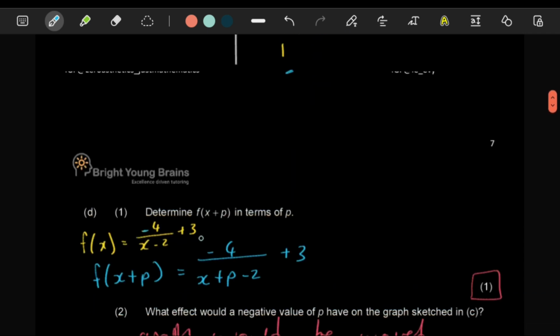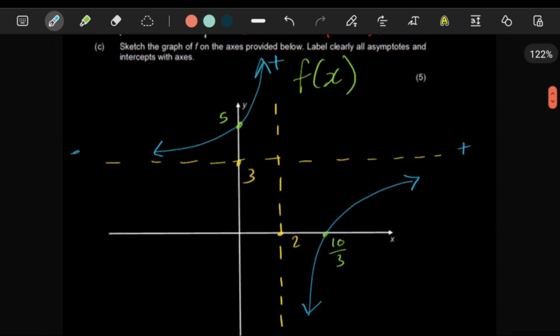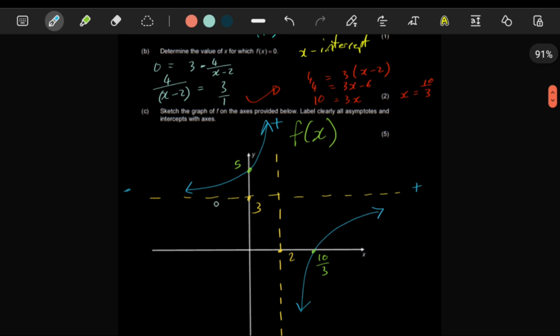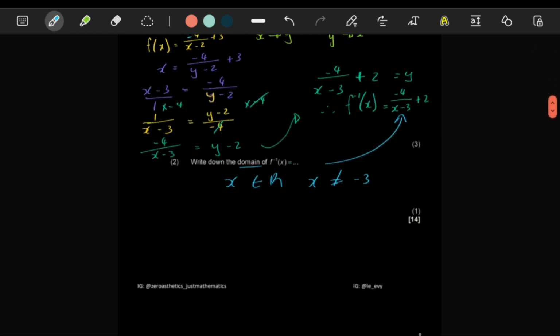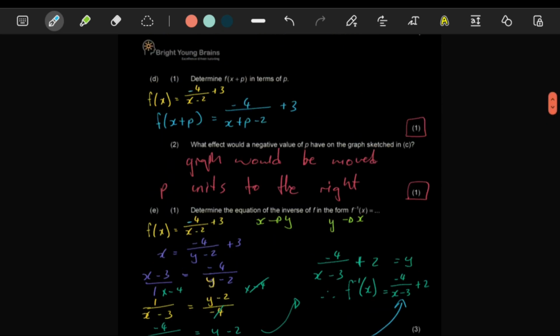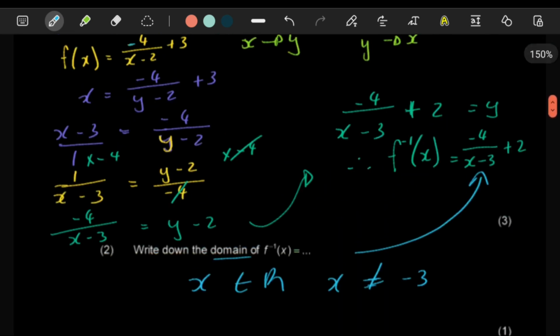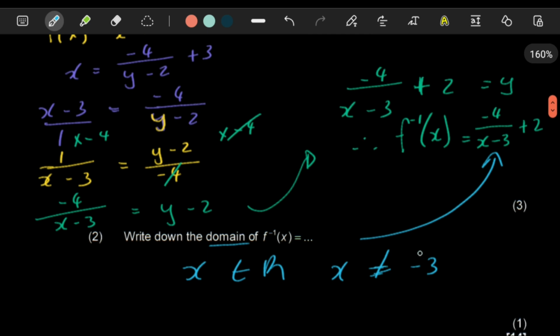If you look at the original one, the range is just y is an element of R, but then y is not equal to +3. That's why the domain is the way it is here. But wait a minute, why is it a negative? Oh, no, a +3, because the asymptote is at +3.